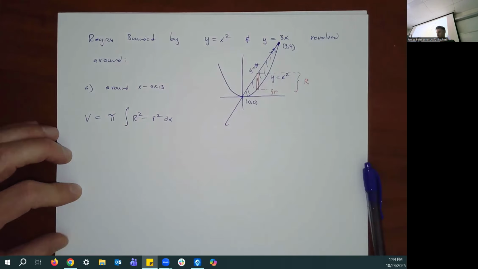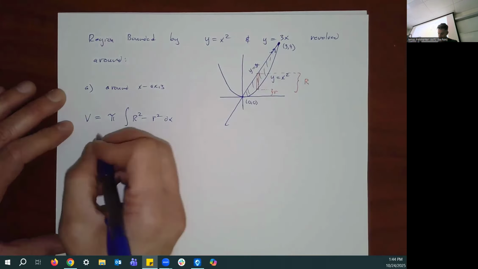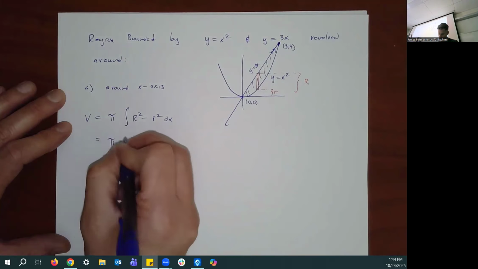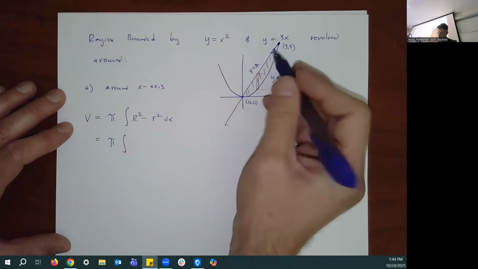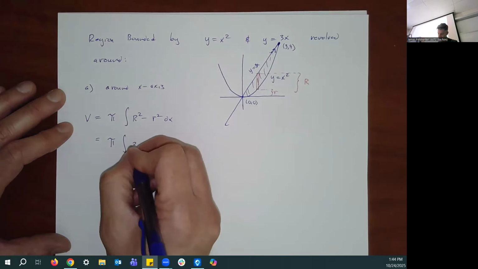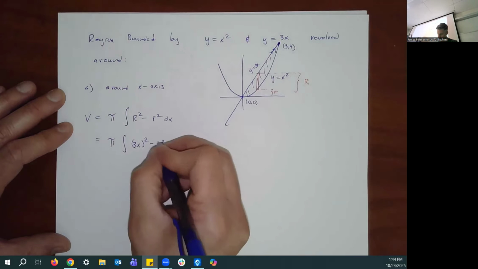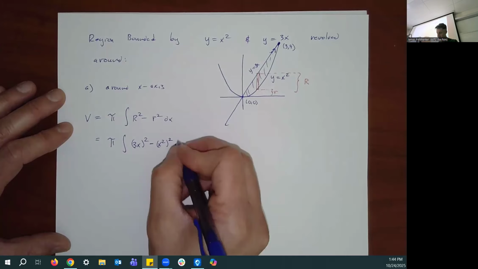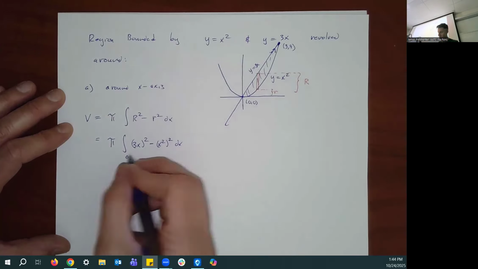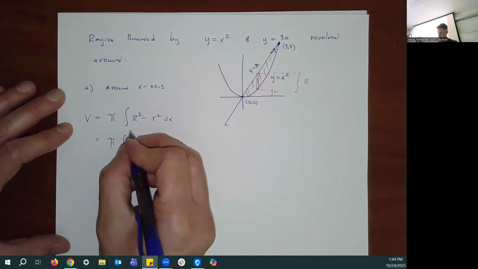So we get pi times the integral of (3x) squared minus (x squared) squared, from x equal to 0 to x equal to 3.